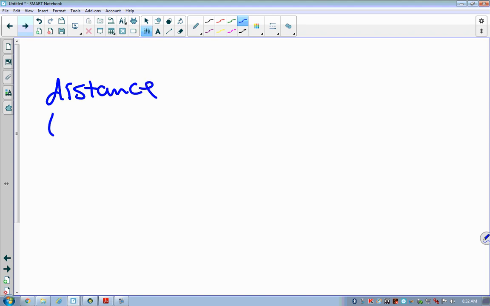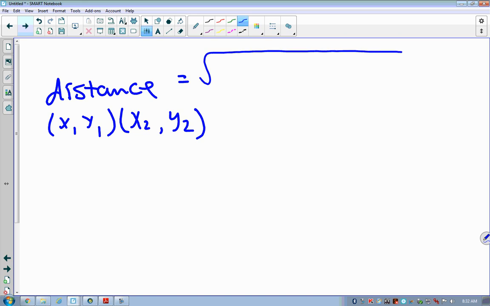Given two coordinates, x1, y1, x2, y2. It would be that right there. Okay? There's your distance formula.